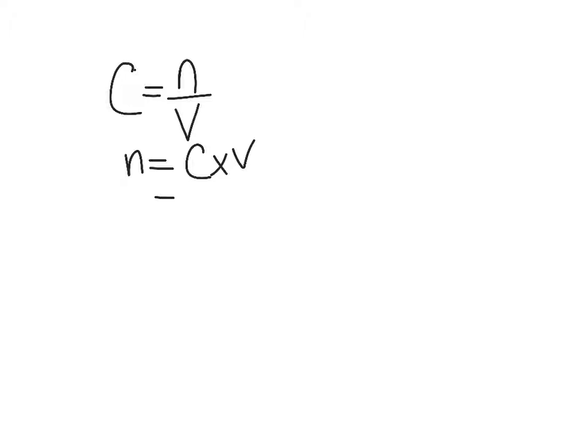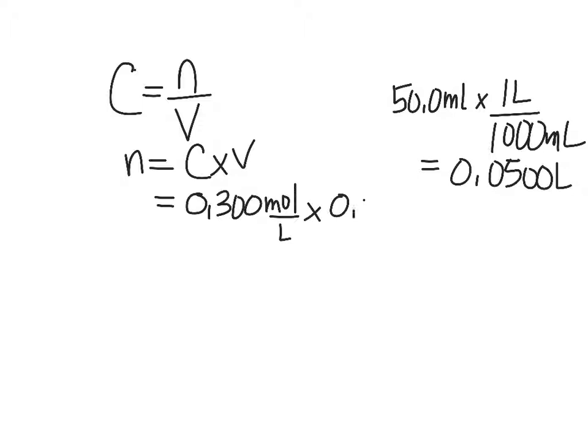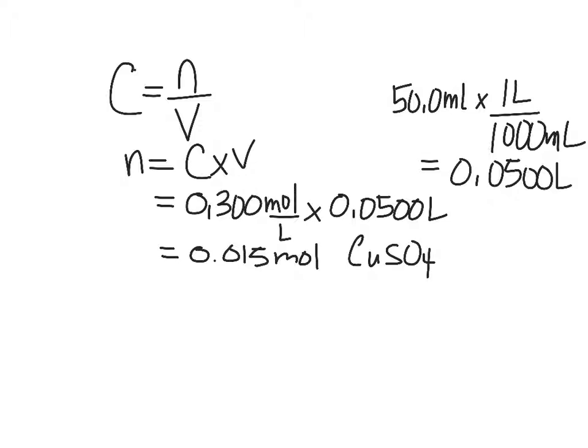The concentration was 0.3, and we had 50 milliliters, so you have 0.05 liters. So altogether we have 0.015 moles of copper 2 sulfate.